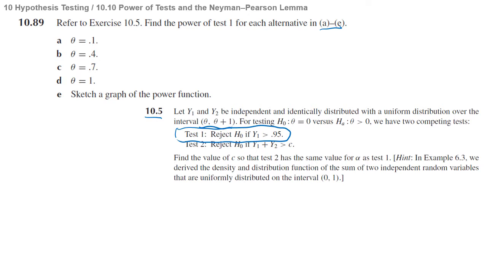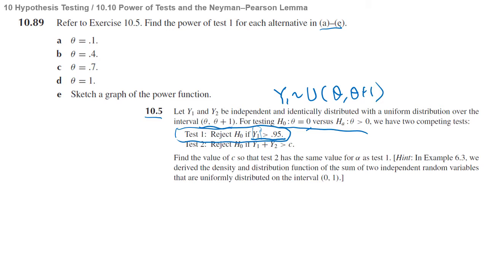For testing H0: theta is 0 versus the alternative theta is greater than 0, we have two competing tests, and test 1 is to reject H0 if y1 is greater than 0.95. So the test statistic here is y1. What would be the distribution of y1? y1 is uniformly distributed on the interval from theta to theta plus 1.